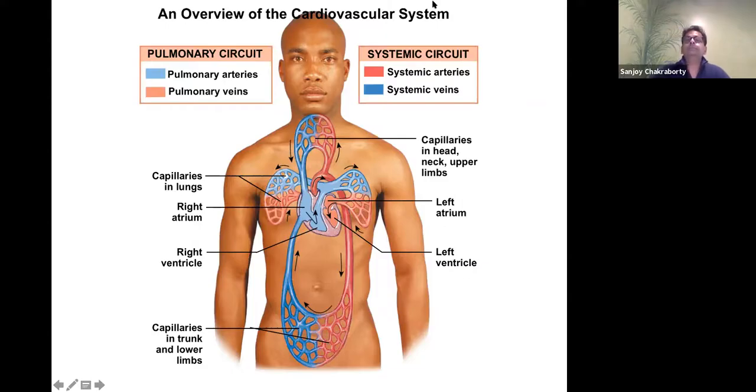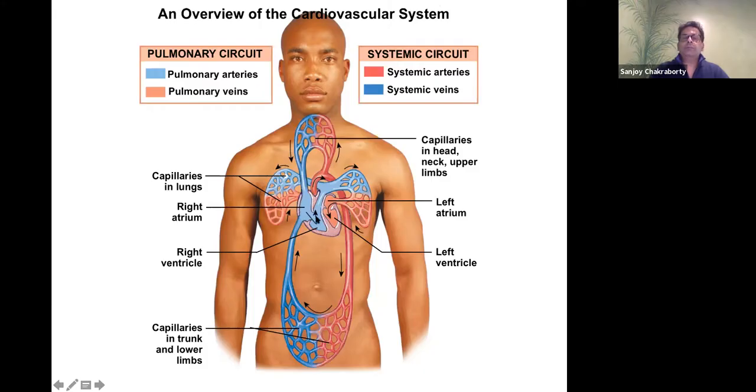Whatever I discuss right here on this page, I am going to discuss using the slide one more time. So let's go back right here. Systemic circuit means from the heart, the blood goes to the systems of the body, meaning the entire body, coming back to the heart.